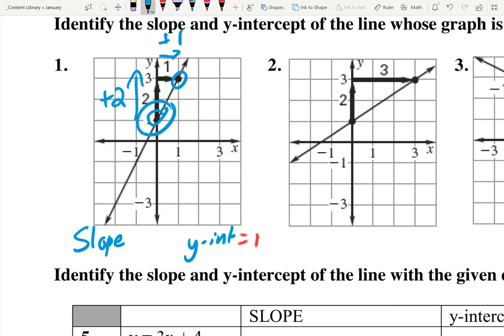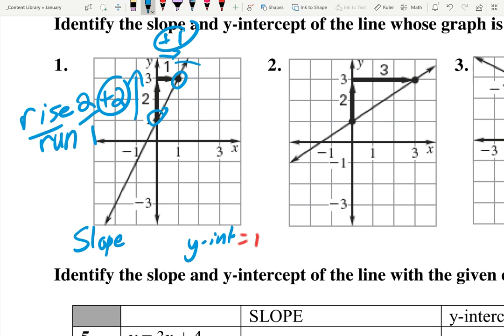To get from this point to this point, we have to go over to the right 1 space, so that's why the run is 1. So when I say rise over run is the slope, I'm talking about how far up did we go compared to how far over did we go. We had to go up 2 and over 1, making the slope 2 over 1, or you can just simply write this as 2. 2 over 1 is the same as 2. So it has a slope of 2 and a y-intercept of 1.